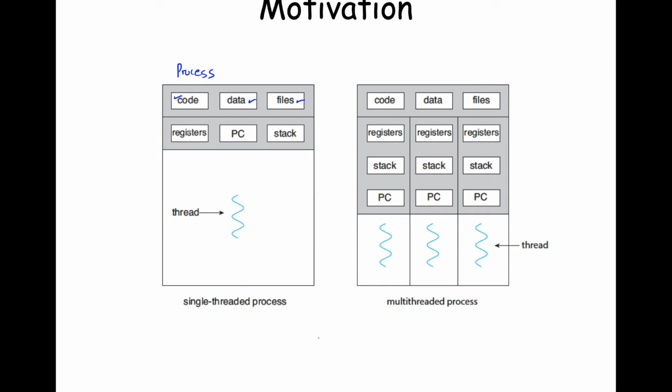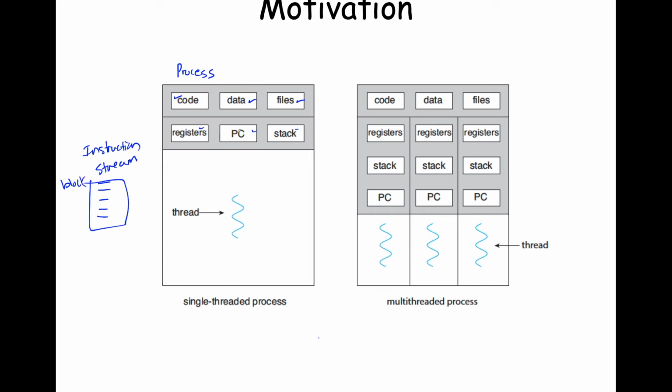Now, these three things, the registers, the program counter, and the stack, are associated with a so-called instruction stream. And the instruction stream, of course, is just the sequential execution of each one of those statements that collectively define blocks of behavior in your program.